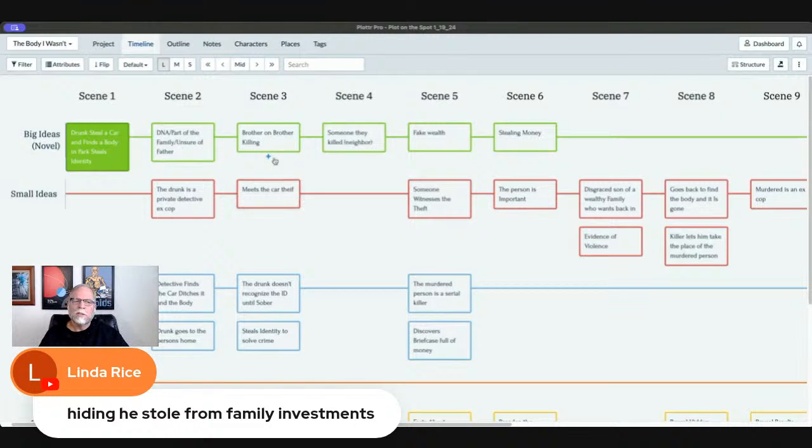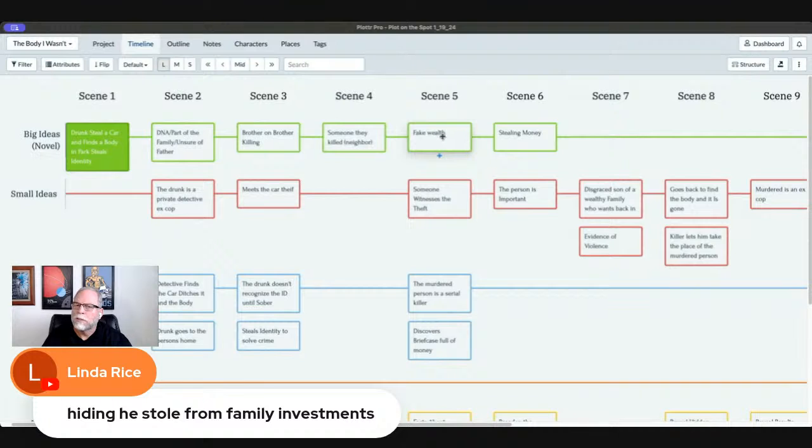So number 2 is DNA, which means maybe unsure of his father, part of the family. Number 3 is the brother on brother killing. The brother killed the other brother at some point. And so that's the secret that's there. Someone the person killed, maybe the neighbor or someone that the family knows.